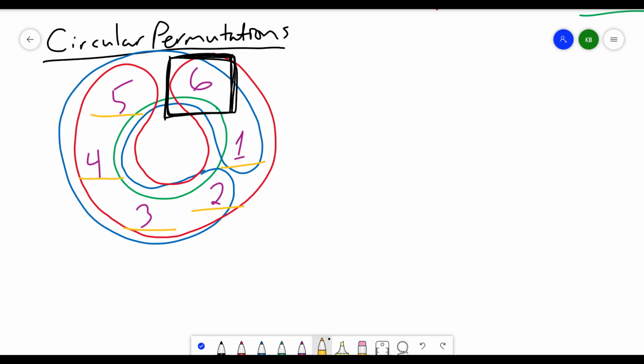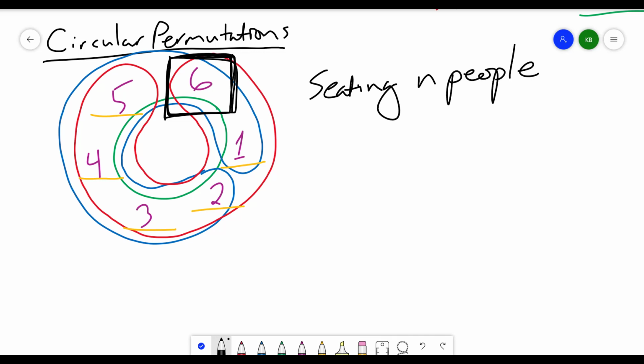And so if I want to seat n people, one of the people is fixed. So 1's fixed. That's my starting point. And then I get to choose seats for the remaining 5 people. So I choose seats for the remaining n minus 1 people.